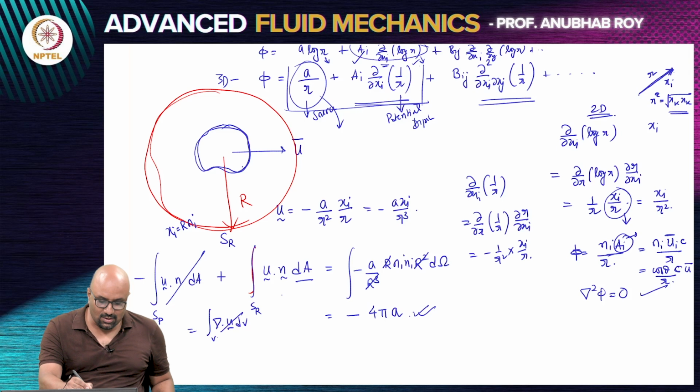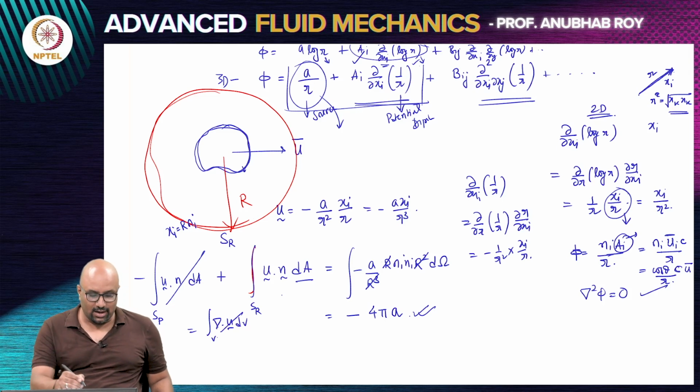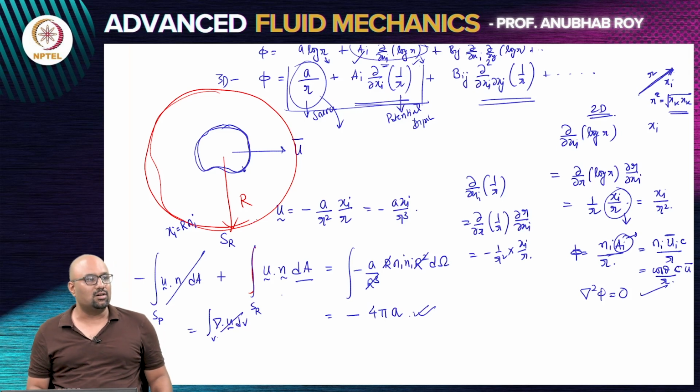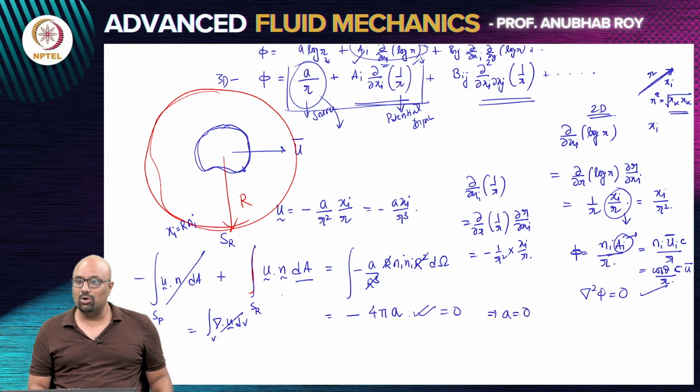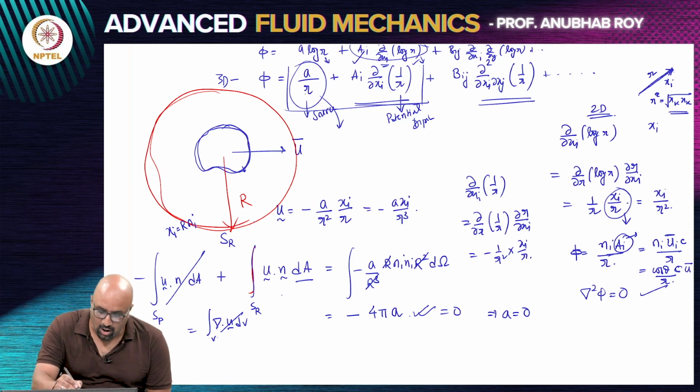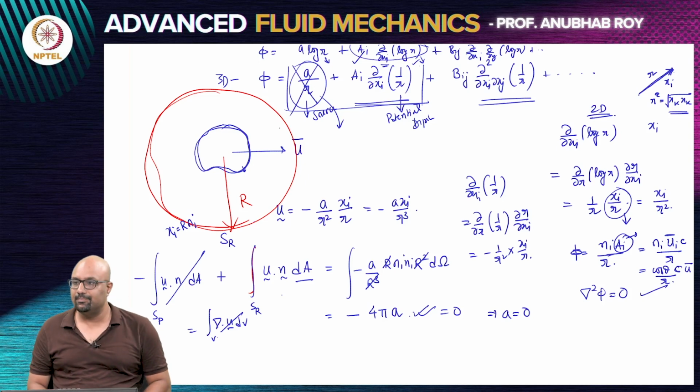Which means that if there is no volume flow rate through this surface, there cannot be any volume flow rate through the outer surface at any radius R, not possible. Which means that this should be 0 and that means that there cannot be a source term. You do not need to know what is the shape of the body. You do not need to know how fast or how slow it is moving. As long as the body is a rigid solid surface, there is no flow through the body, you will not have the source term.